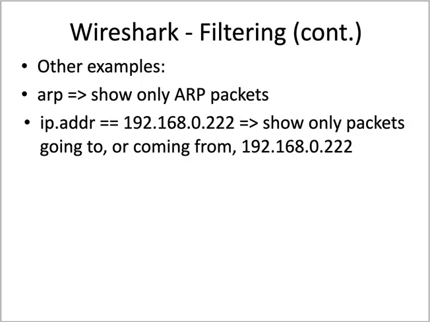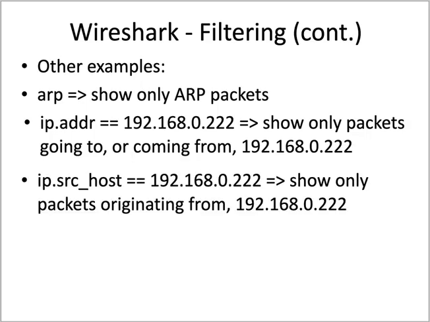Now, if you just say IP.address, it'll be packets coming to or leaving the specified machine. If you want to know packets coming from a particular machine, you can use IP.src_host. And same IP address, but this time it will only show packets that are leaving that machine. That machine is the source of the packet.